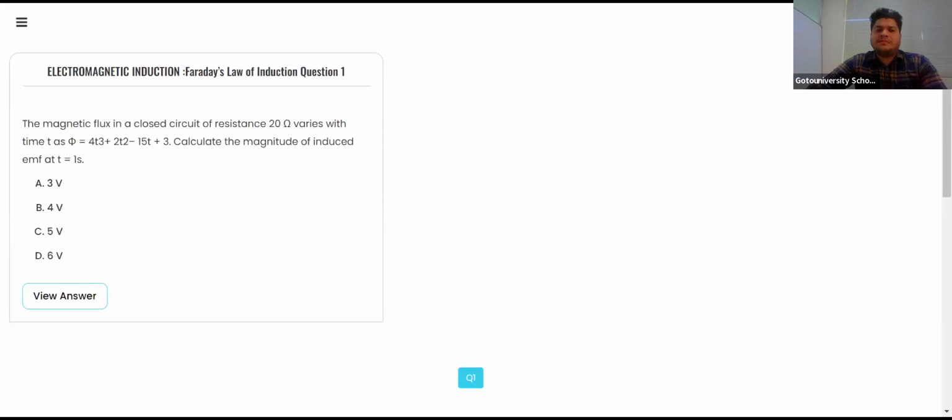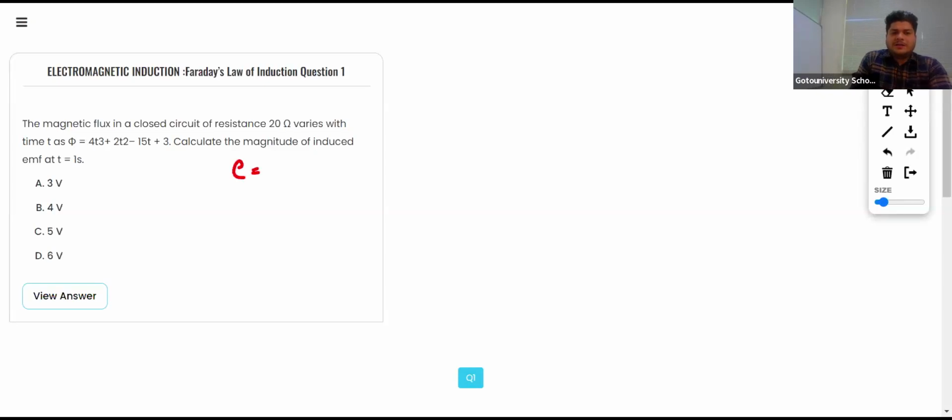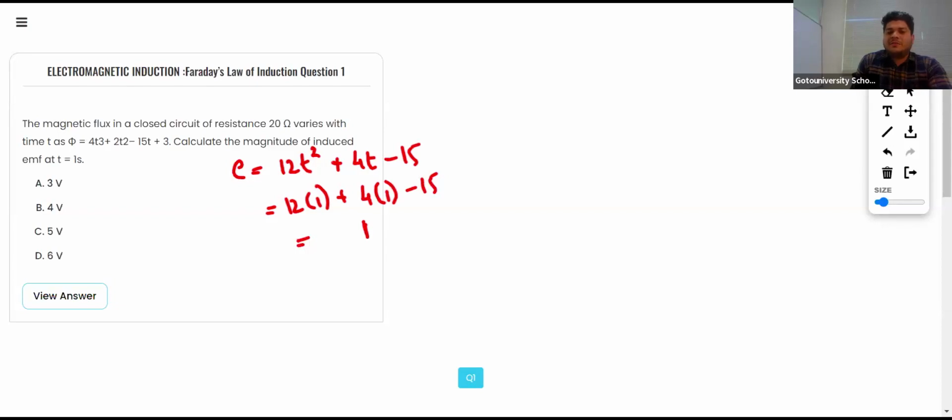Okay, check it, you will get the answer. See, what is E? E is equal to d phi by dt. 4t square will give 3 4s are 12t square plus 2 2s are 4t minus 15. So this will be equal to 12 times 1 plus 4 minus 15. 12 plus 4 will be 16. 16 minus 15 will be 1 volt.